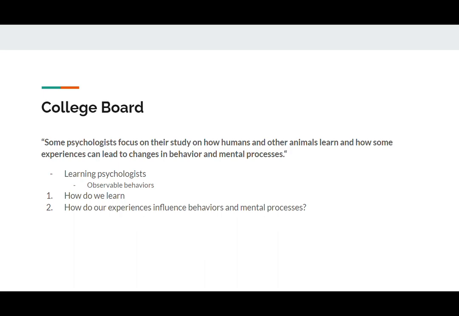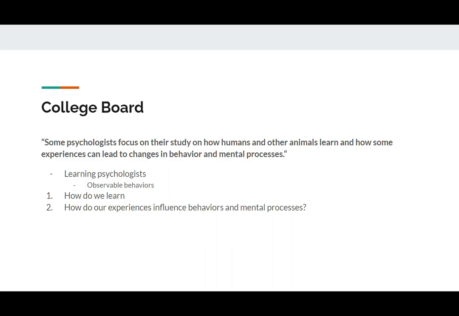So here's this quote from College Board. Some psychologists focus on how humans and other animals learn, and how some experiences can lead to changes in behavior and mental processes. Because the process of learning requires both physiological and psychological processes to work together, the two preceding units provide the foundation of this unit.